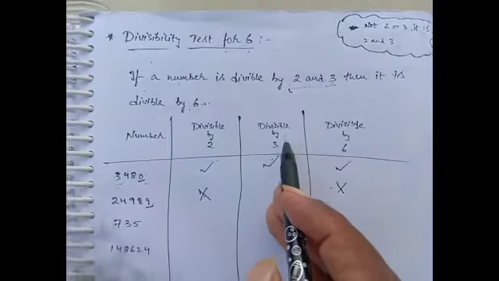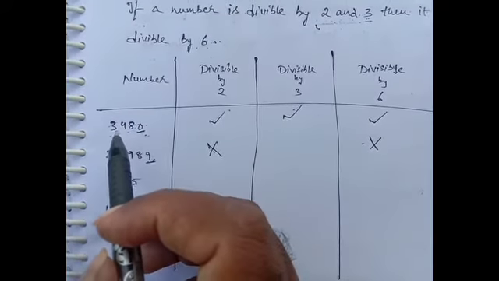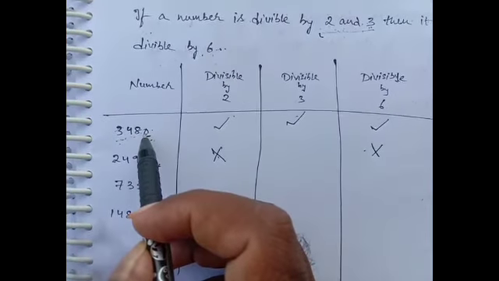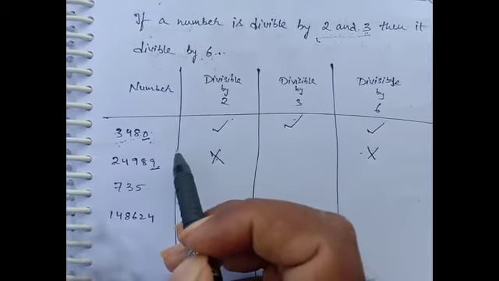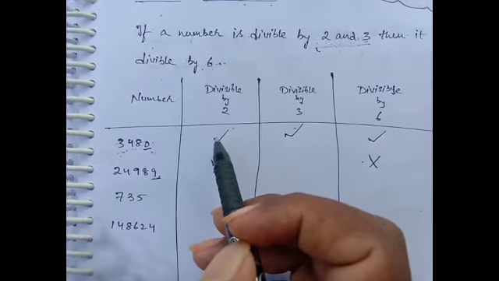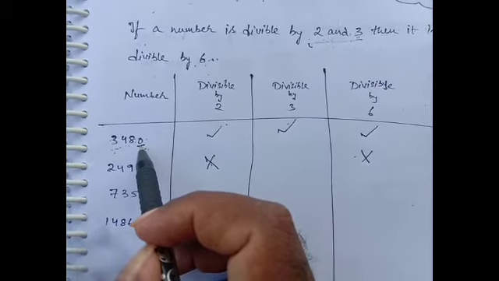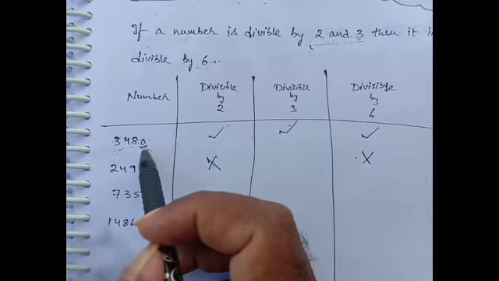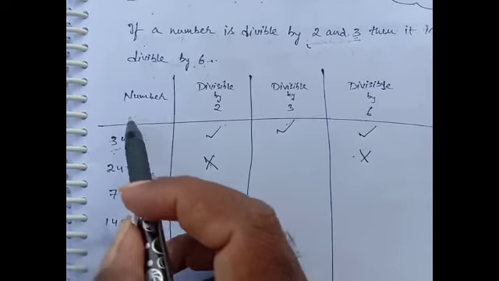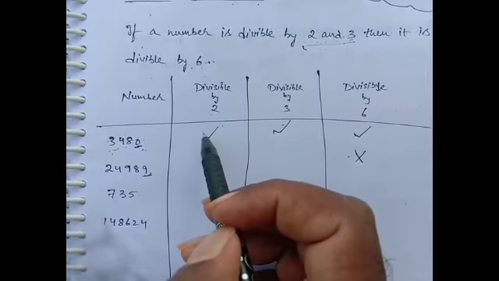For this, let us take some random numbers. Here the number 3480. Let us check the divisibility test for 2. As we have seen earlier, the divisibility test for 2 is that the unit digit of that number should be among 0, 2, 4, 6, 8, and the unit digit of 3480 is 0. We can say that number is divisible by 2.